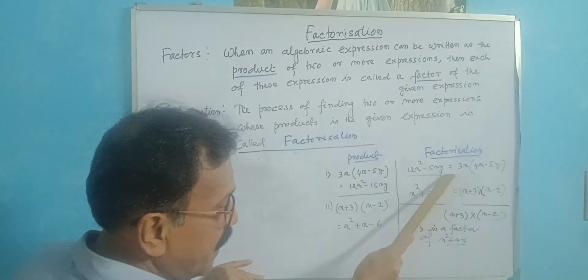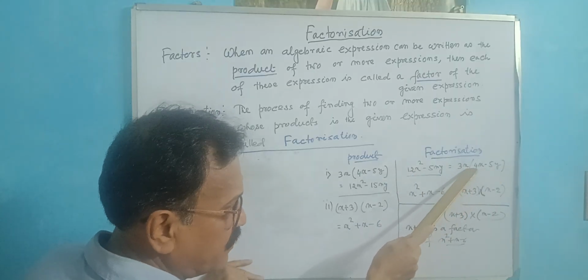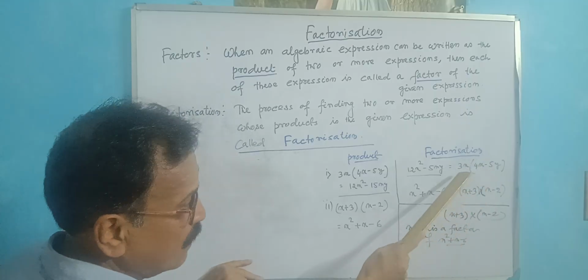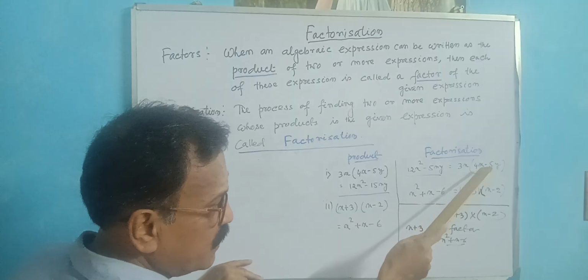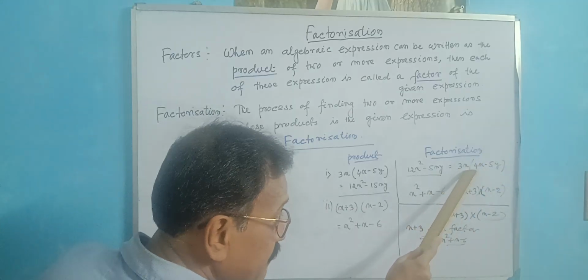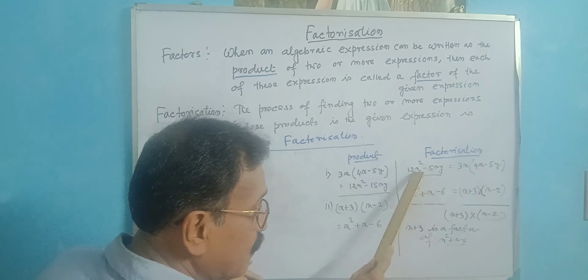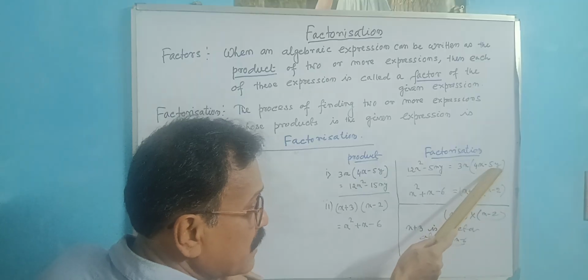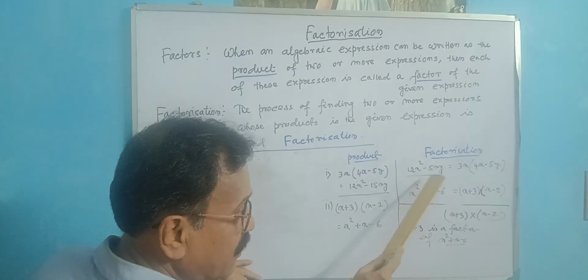Now this is written in this way as a multiple relation: 3x into the bracket 4x minus 5y. So separately two terms, 3x one expression and 4x minus 5y another. Now separately 3x is a factor of 12x square minus 5xy, or separately 4x minus 5y is a factor of this.